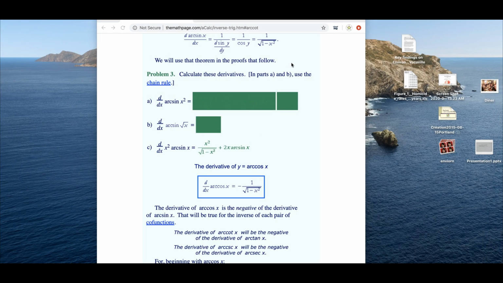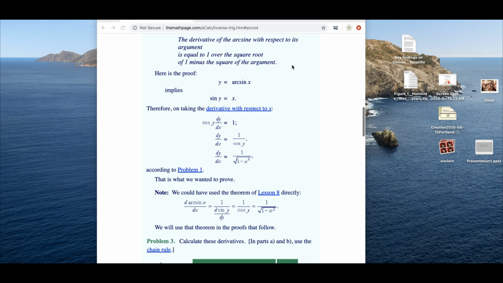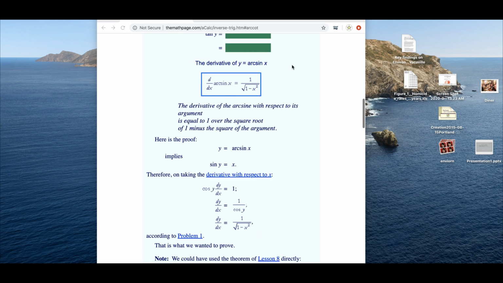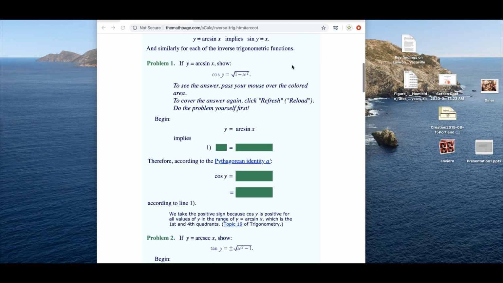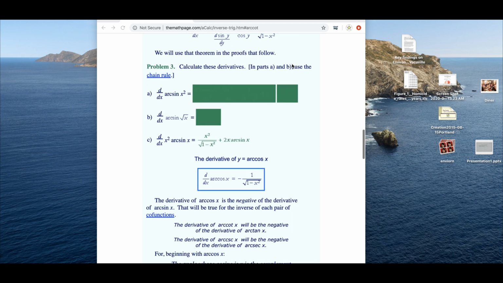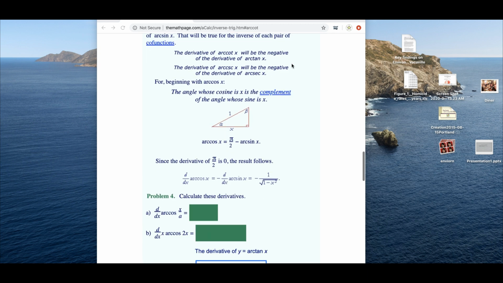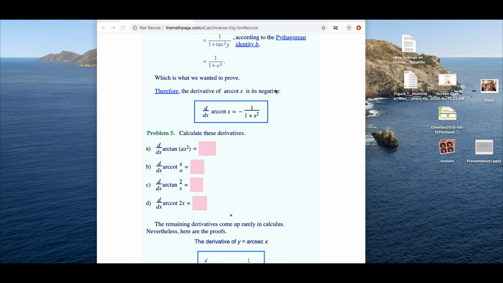Okay. So let's go back to our cotangent. Let's see, that's arcsine, ArcCosine, ArcTan, ArcCotangent, and here we go. That's exactly what we got.